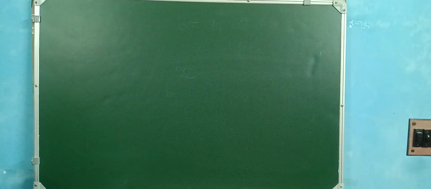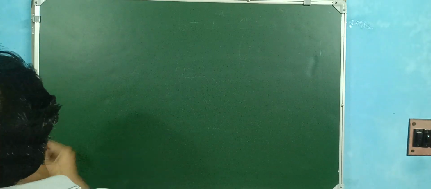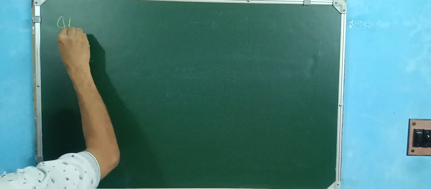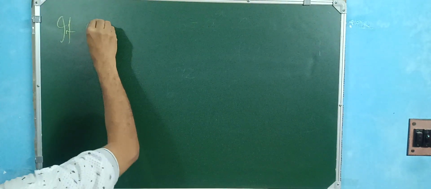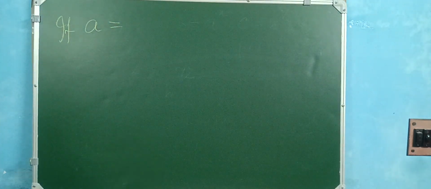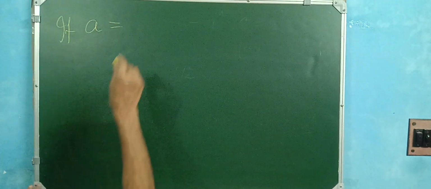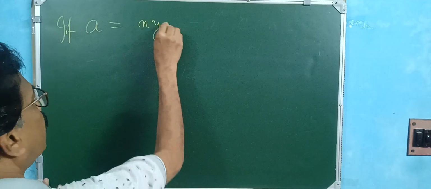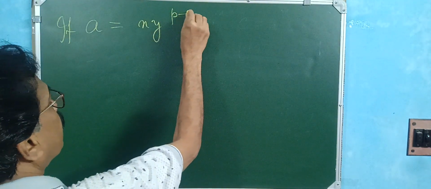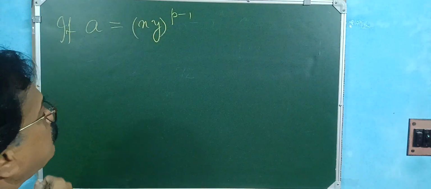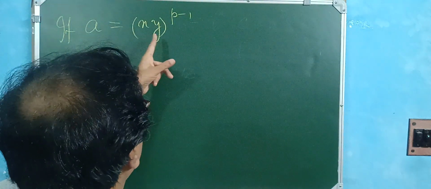Now the next sum. If A is equal to (xy) to the power p minus 1. Actually this is properly written as xy to the power.